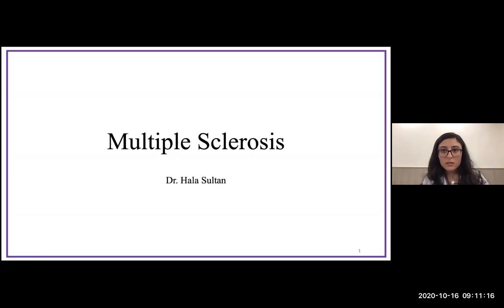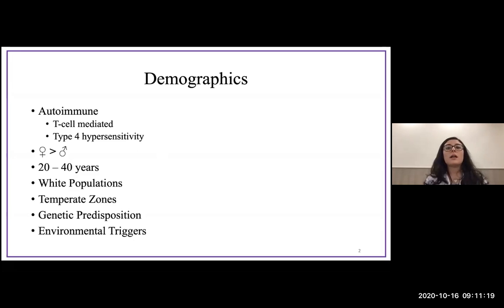Just a briefing on the demographics of multiple sclerosis. It's an autoimmune disease, a T-cell mediated type 4 hypersensitivity disease that is usually more common in females than in males.